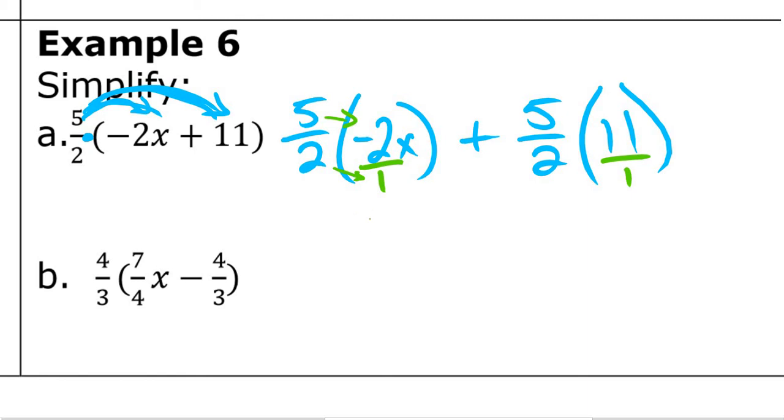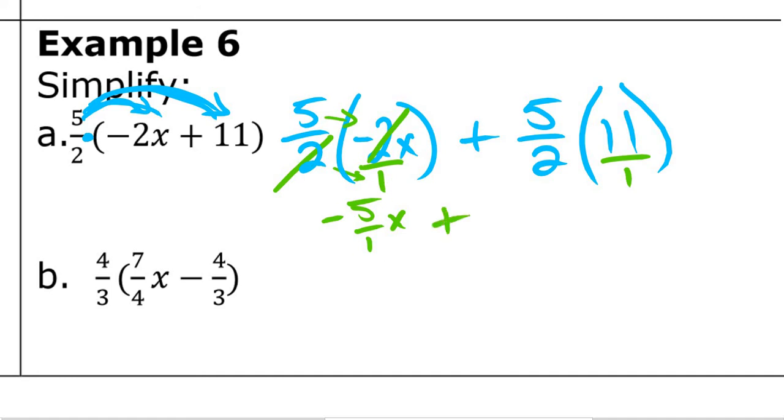But hopefully someone in this room is remembering from middle school, before you multiply, you can reduce it by saying, if this 2 is in my denominator and this 2 is in my numerator, we can reduce it so it's just -5/1x, or just -5x. If you didn't see what I just did, then you could have multiplied 5 times 2, 2 times 1, and then reduced it to 5/1.